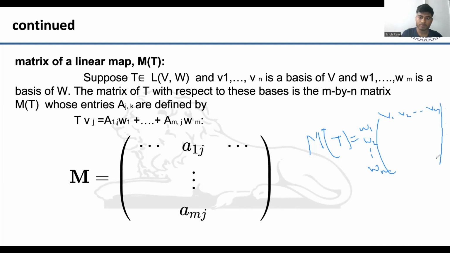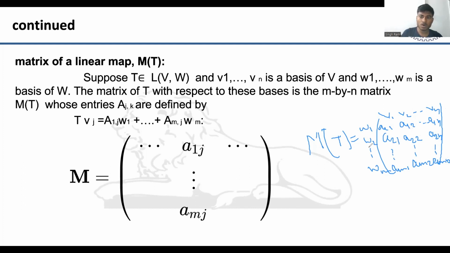And what elements will come here? A11, A21 up to Am1. Here what elements will come? A12, A22 up to Am2. Similarly, here what elements come? A1n, A2n up to Amn. This matrix is the representation of the linear map.